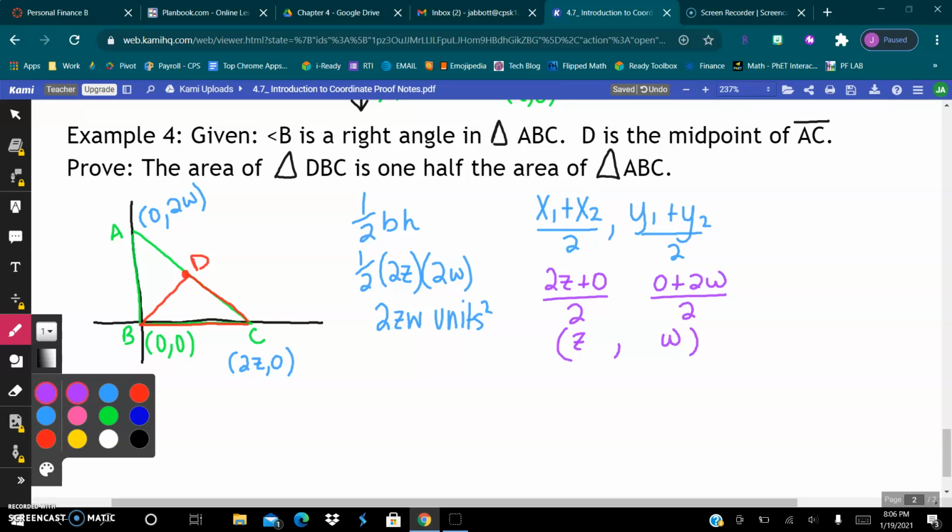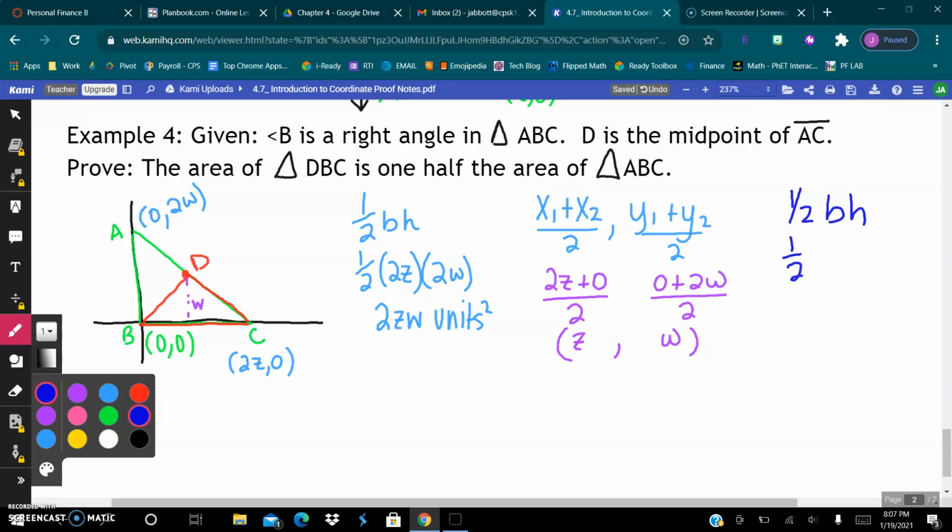So I'm going to go over Z and up W. So I really care about that y value of the midpoint formula there. So this is going to be W. Then we're going to find the area, because now we have a base and a height of that red triangle. So 1/2 times base times height.